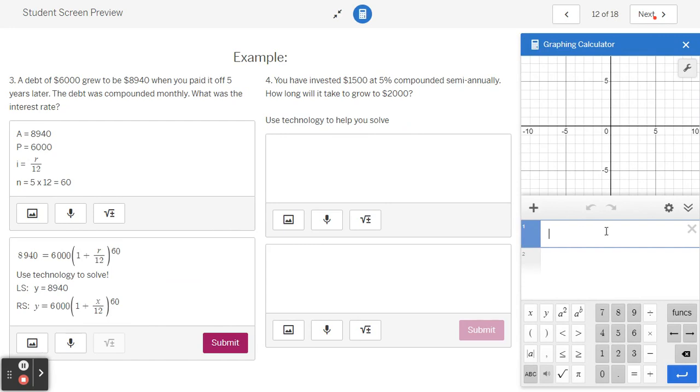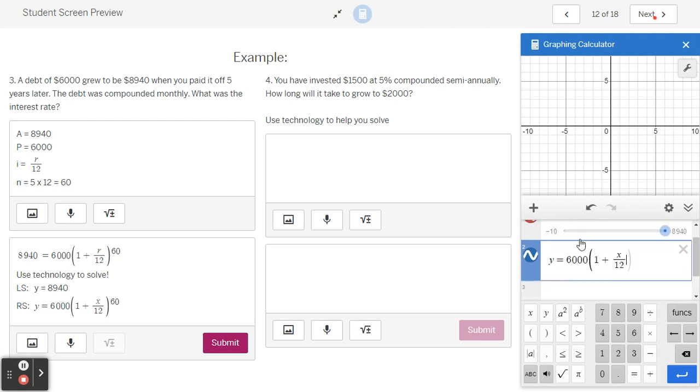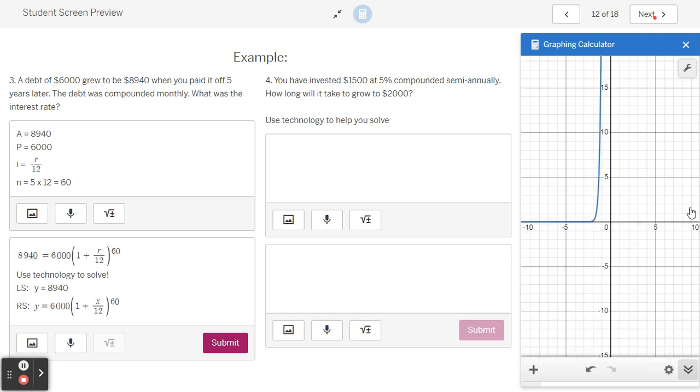Let's go to our graphing calculator, so you can open Desmos in another window. I'm just going to put this here for simplicity's sake. I'm going to enter each of the equations, the left side and our right side. And you'll notice that you can only see part of the graph right now.